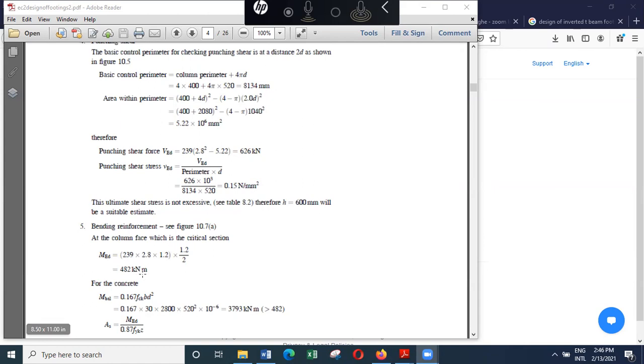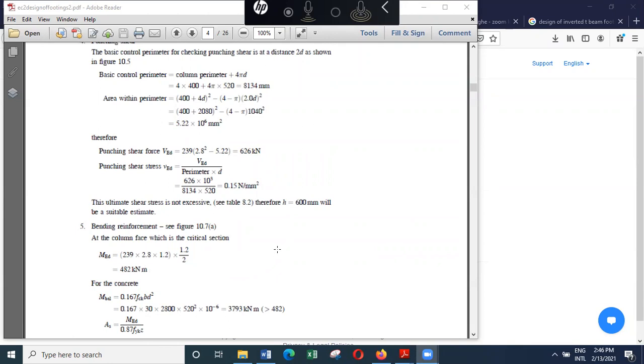And once you know the bending moment, you can calculate M over b d squared. Or on the other hand, in this problem, what is calculated is the maximum moment carrying capacity, which is 3,792.93, but the moment that we get is only 482 kilonewton meters.